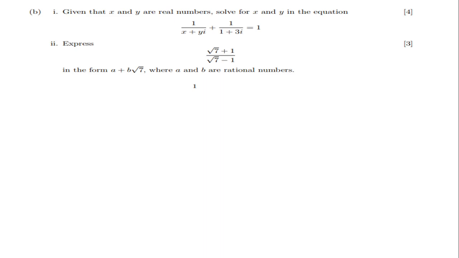I have been given B, and B is saying, given that X and Y are real numbers, solve for X and Y in the equation. So this equation is 1 over X plus yi, and then plus 1 over 1 plus 3i is equal to 1.